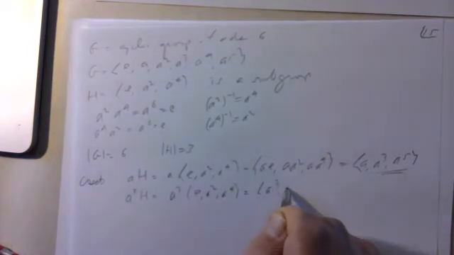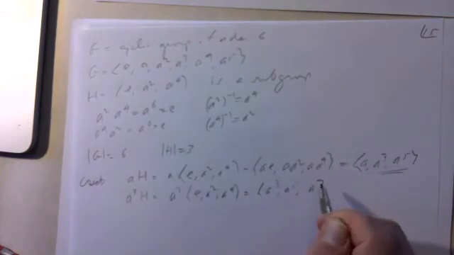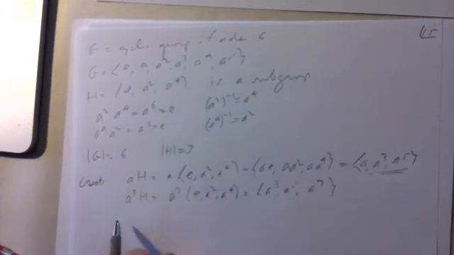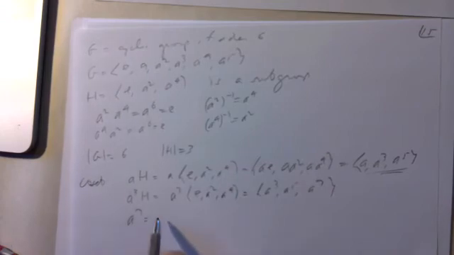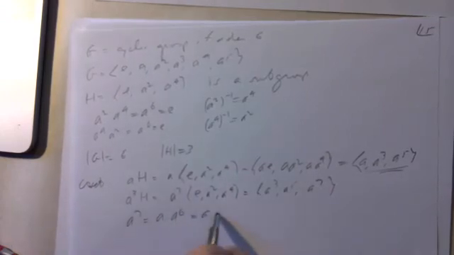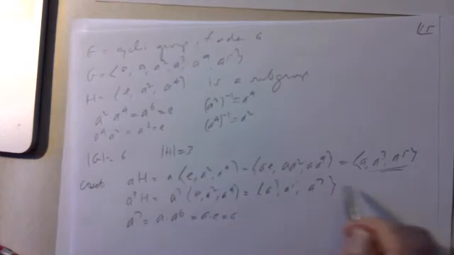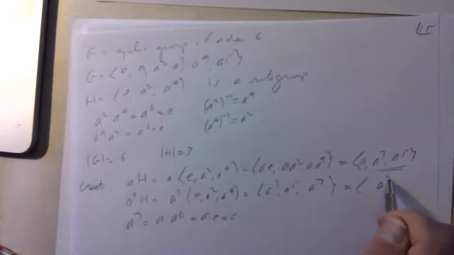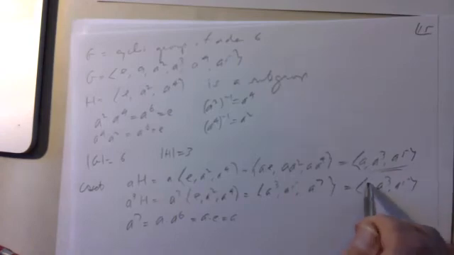That's a cubed, a to the fifth, a to the seventh. But notice a to the seventh is a times a to the sixth, which is a times e, which is a. So this is just a cubed, a to the fifth, and a.